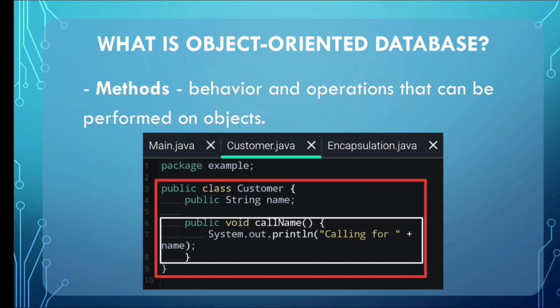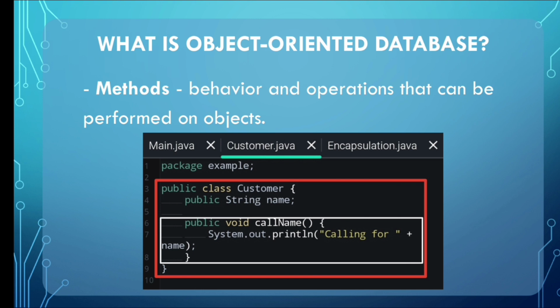So methods are the behaviors and operations that can be performed on objects. So ito yung nakikita niyo yung white na nakabox. That is our methods or function. Wag po tayo malilito. It's the same with function and method.